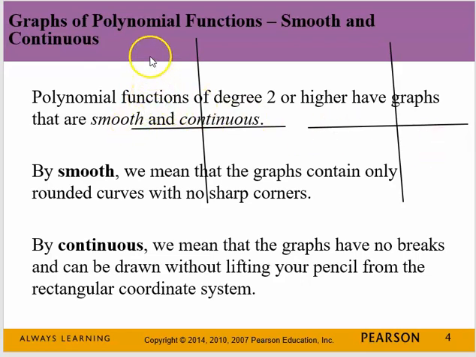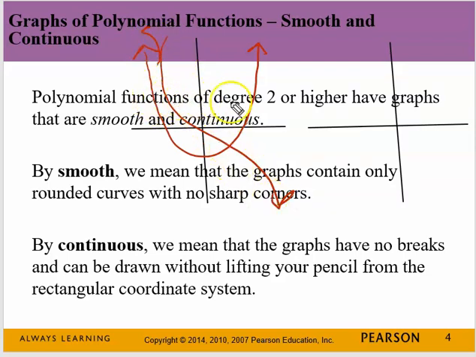Now, if a graph is what we call smooth and continuous, then it's going to look like this. And continuous means it just keeps going on in whatever direction it is. I'm going to use the same graph. And this should probably go out this way a little bit here.